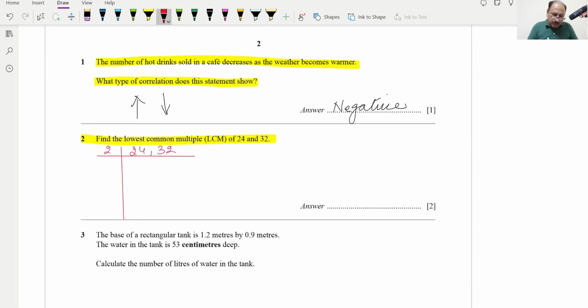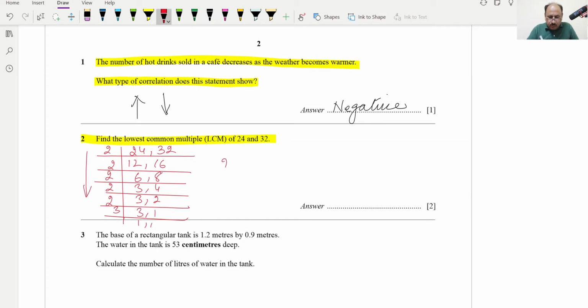Divided by 2 will be 12 and 16, then again by 2, this will be 6 and 8, again by 2, so it will be 3 and 4, and again by 2, this will be 3 and 2, and again by 2, this will be 3 and 1, and lastly by 3, so it will be 1 and 1.